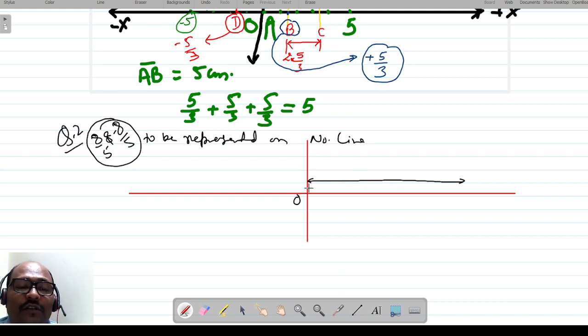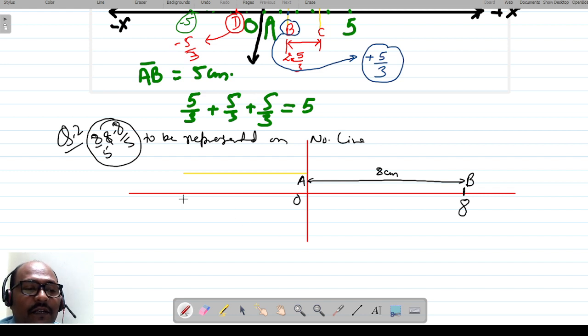Take the origin, and from the origin mark a distance, let's say A to B, which is equal to 8 centimeter, right? Similarly, mark the same distance on the negative side, from here to here. Fine.